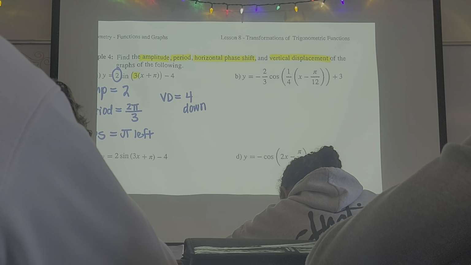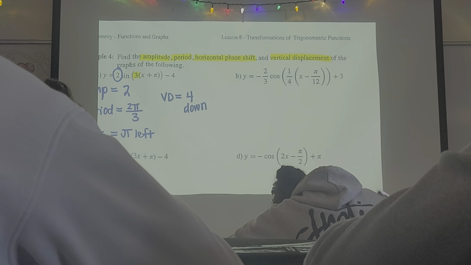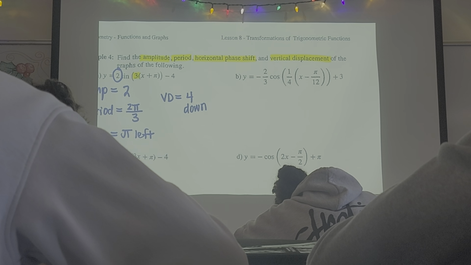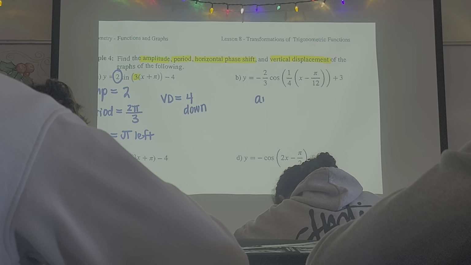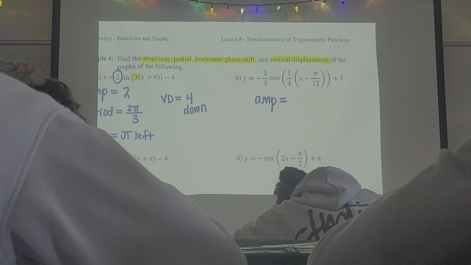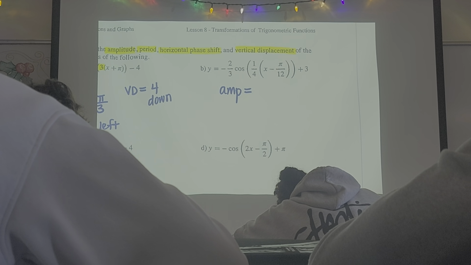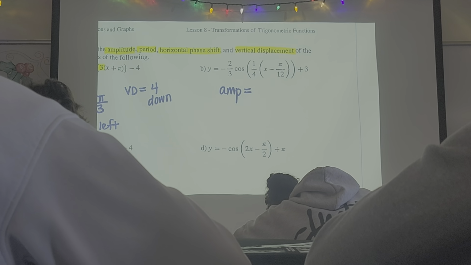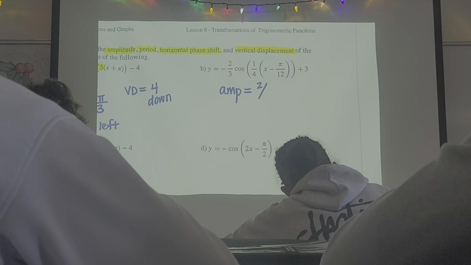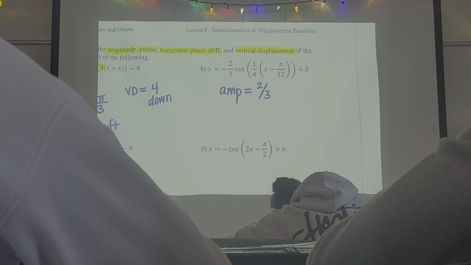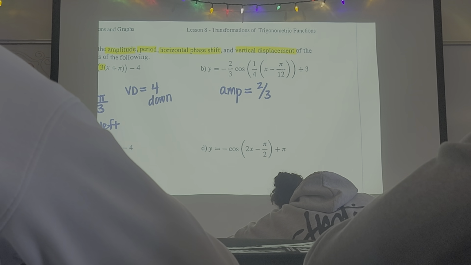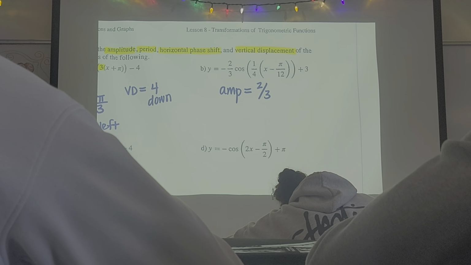Okay, let's try our cosine one. Negative 2/3 cosine 1/4 x minus pi over 12 plus 3. What is the amplitude? 2 over 3. Remember, amplitude stays positive. The negative means it's a reflection, so our amplitude is just 2 over 3.